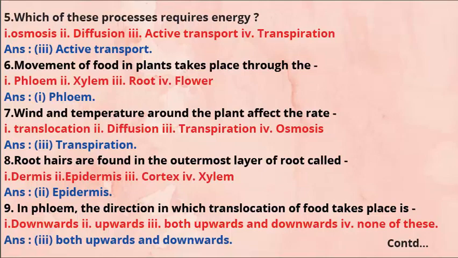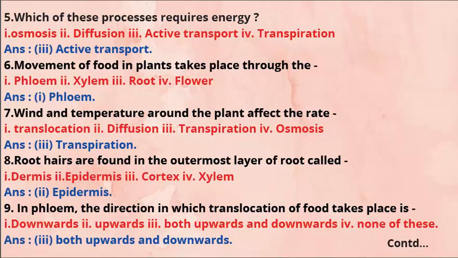Active transport is the process in which molecules or ions move from a region of lower concentration to a region of higher concentration using cellular energy, that is ATP, and it is done against the concentration gradient.